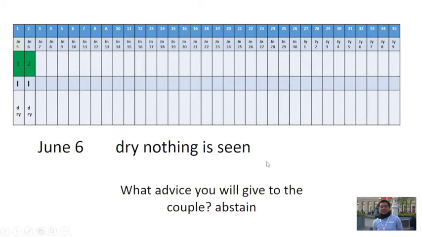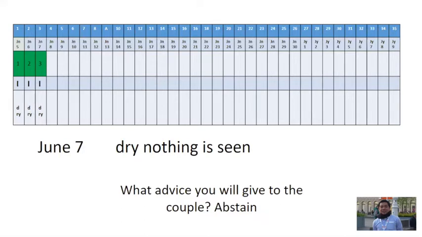Day 3, that is June 7. June 7, morning dry, afternoon dry, evening dry. Recording takes place at night, dry. And what will be your advice? Abstain on June 7. Let us wait for June 8.